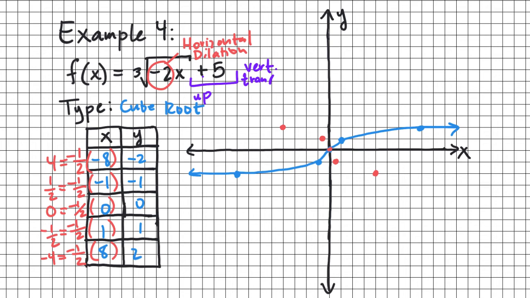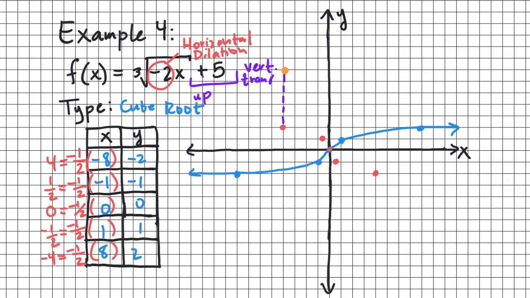Okay, and I'm also going to move all these points up 5 units. So it's going to be 1, 2, 3, 4, 5. So I'm going to pick a different color for the graph. I'm just going to pick orange.